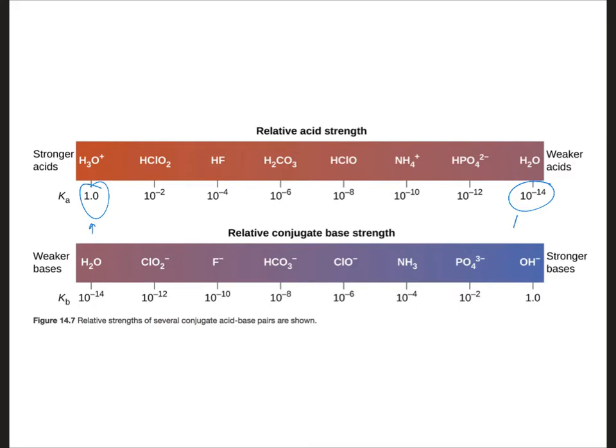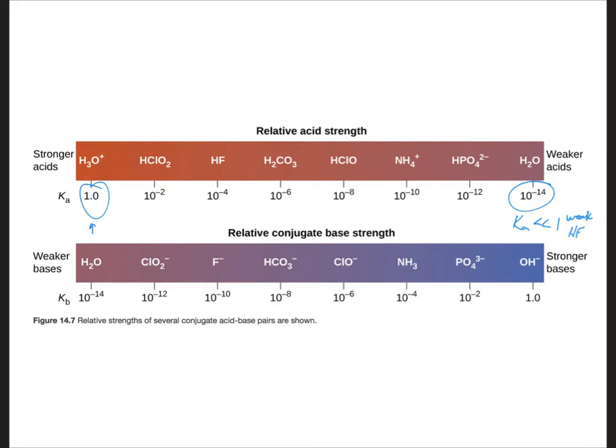If we have a Ka that is much less than 1, well, that we said was going to be a weak acid, something like our HF might be down there. And again, that's not telling us whether or not it's going to dissolve something in a corrosive manner. This is just telling us in the equilibrium that sets up, do we favor reactants or do we favor products?